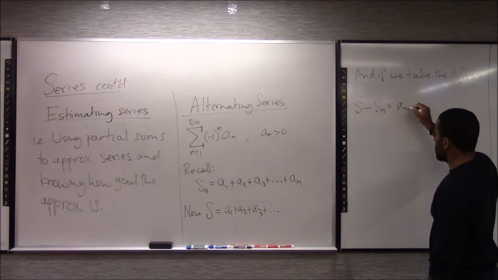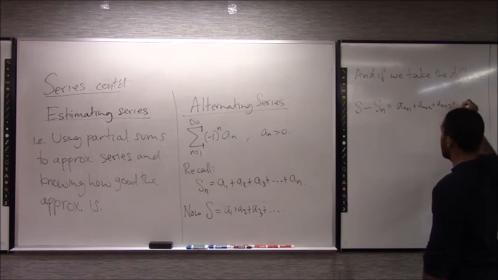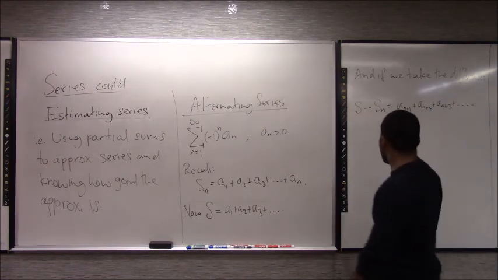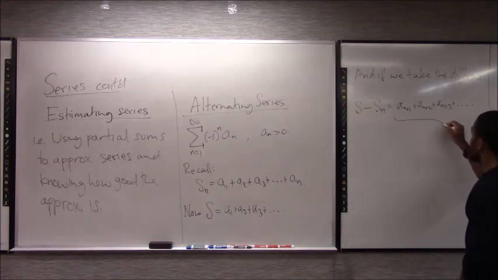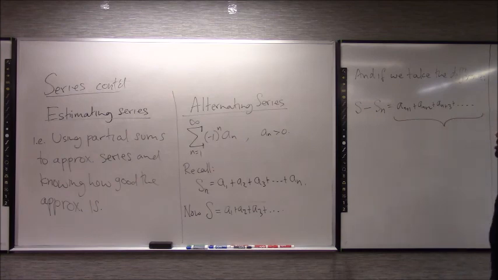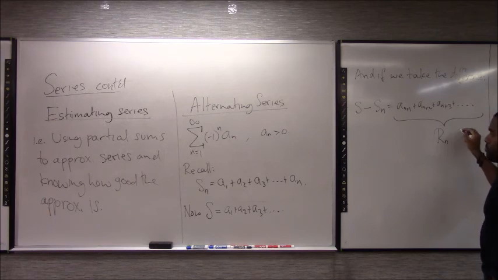So that's going to start at a_(n+1) plus a_(n+2) plus a_(n+3), and that's going to continue. This guy here, our notation for that will be R sub n. And this is called the remainder term.